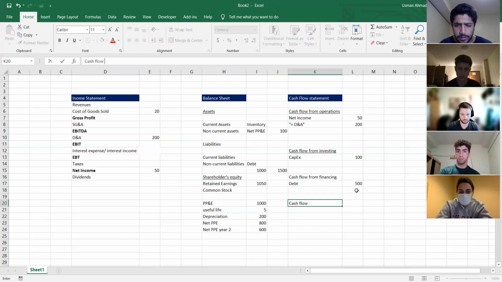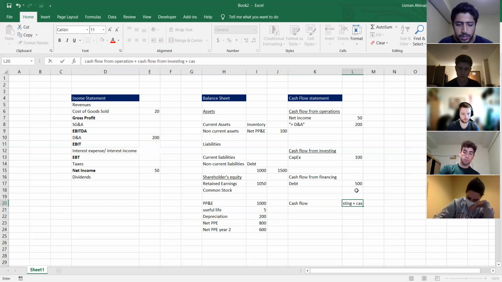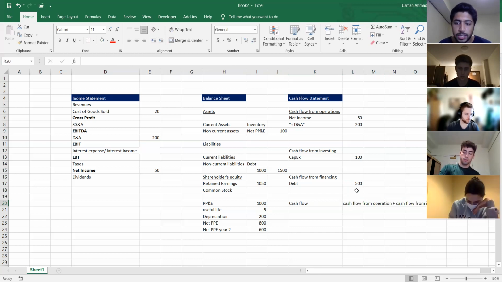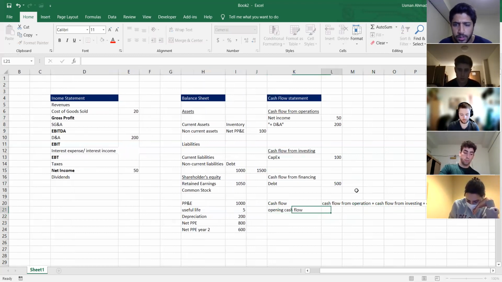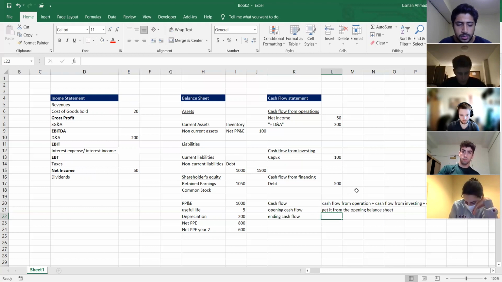And then the last thing is the total cash flow, which is cash flow from operations plus cash flow from investing plus cash flow from financing. So that's the total cash flow for that year. Then you get the opening cash from the opening balance sheet, and the ending cash is the two added together.